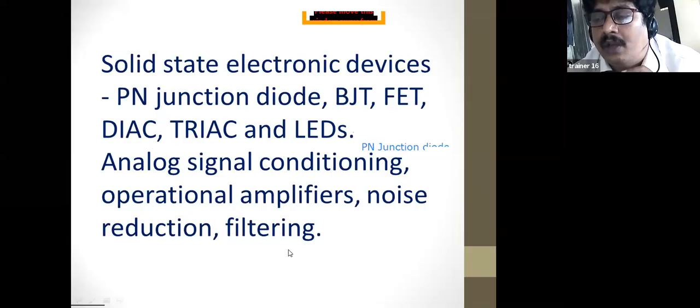In household appliances also, we connect TVs to a woofer system. We arrange a woofer system to get the output signal in a good way, better than before. There we use some amplifiers and filters.